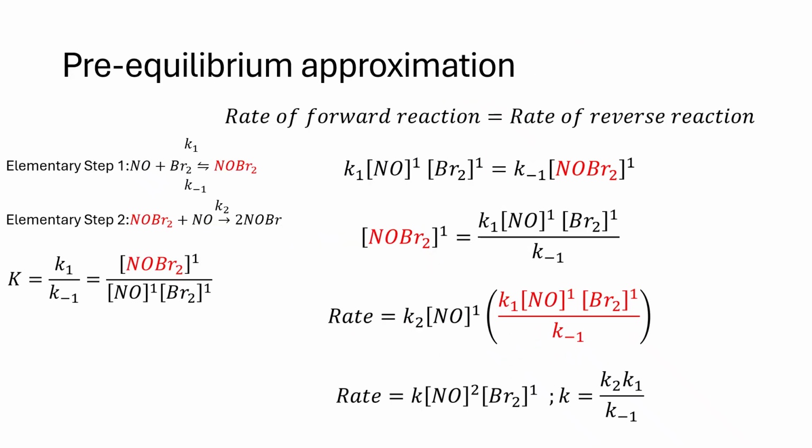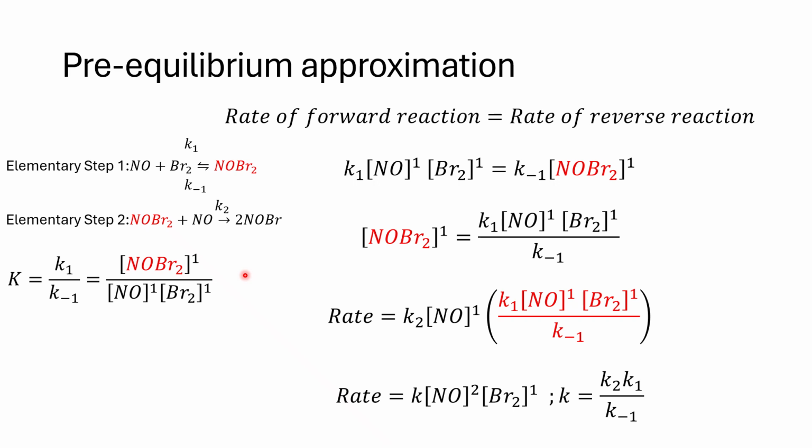Other than the steady-state approximation, there is another approximation known as the pre-equilibrium approximation. This approximation can be used when the first step reaches equilibrium quickly relative to the product formation.